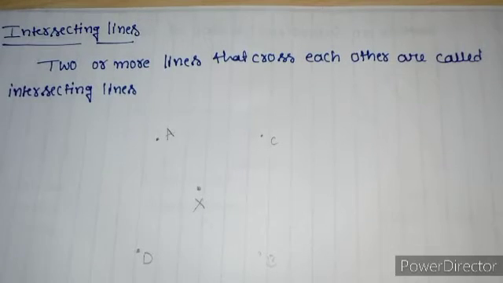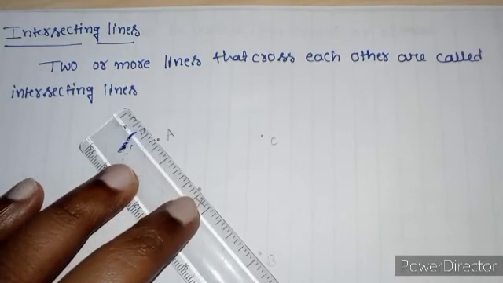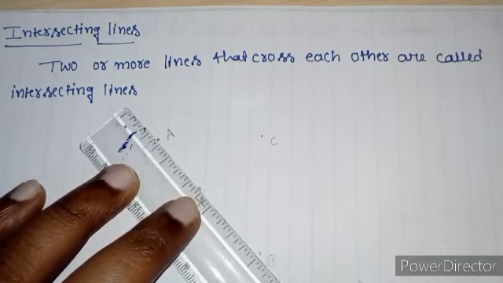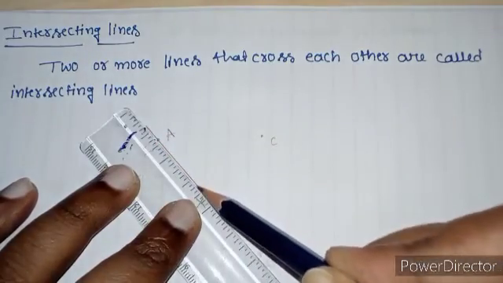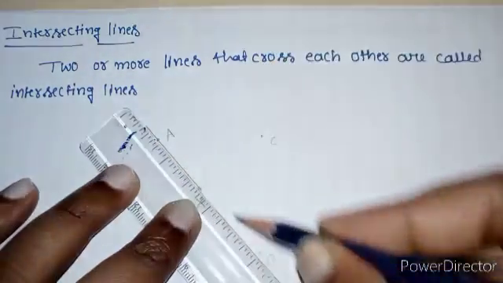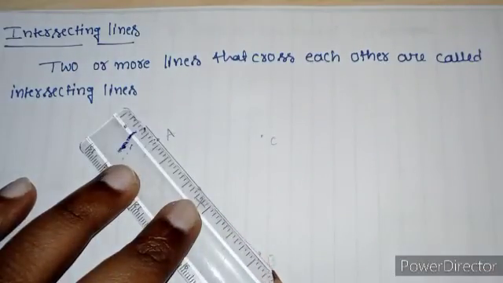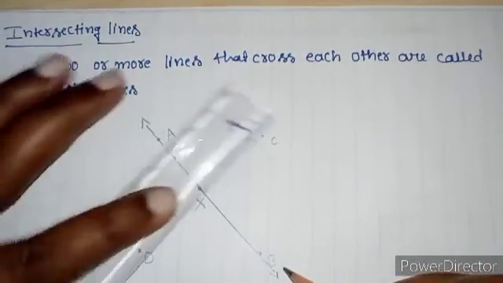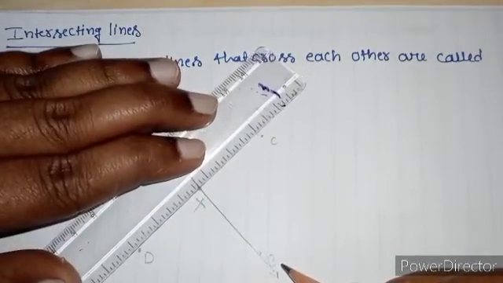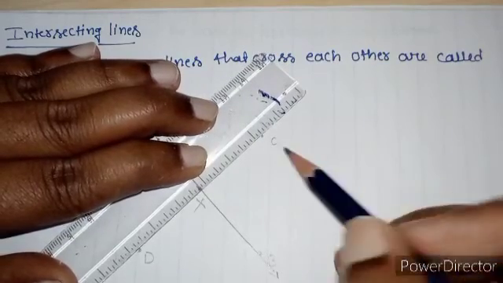And now I am going to join these points, A and X points with extended arrow, and X and B points with extended arrow, and here I am going to join the other points.